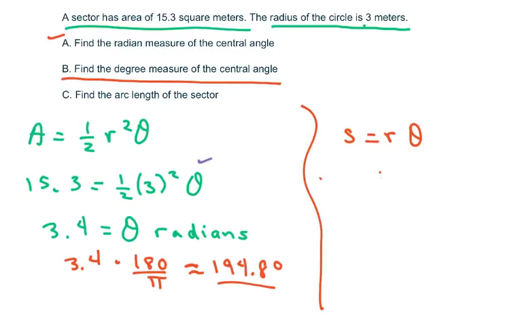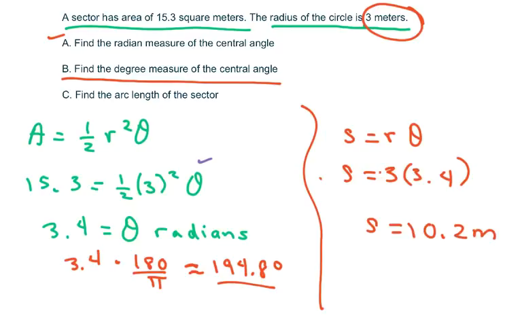So your S equals 3 times 3.4, using your 3 meters for the radius. And that's going to give you 10.2 meters. And that's all.